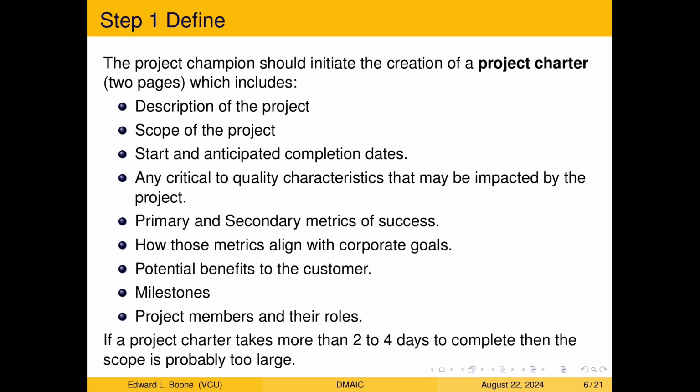You should have start and anticipated completion dates. And you could even put the completion dates for each of these steps so that you can see whether or not you're on time. Okay, whether or not you are fulfilling this project charter in a reasonable time frame. Okay, you would want to put any critical to quality characteristics that might be impacted by the project.